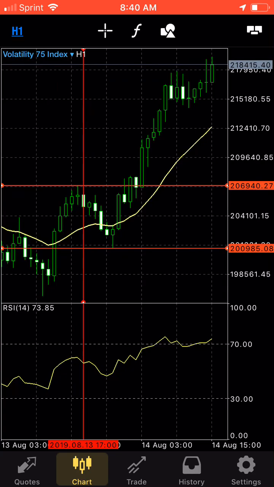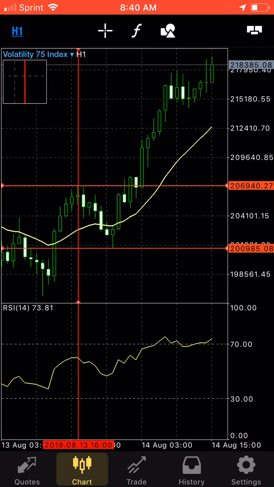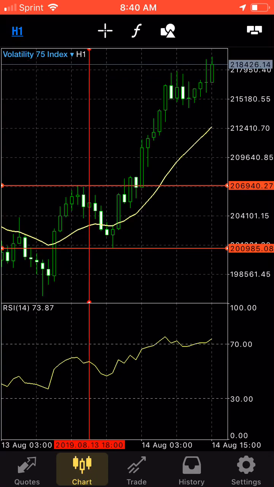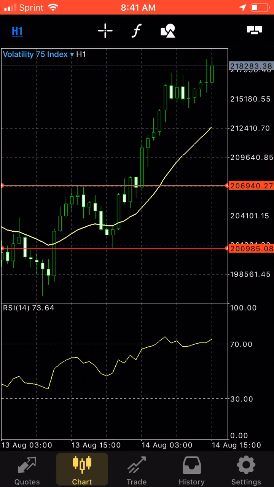You can see when price got here, the sellers were able to put the trade a little bit down, before we started seeing a continuation. That is what we're looking for.